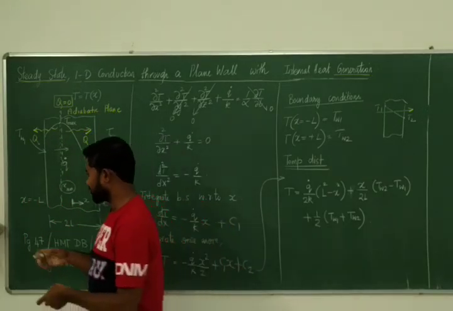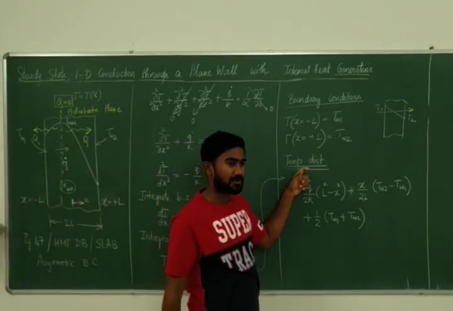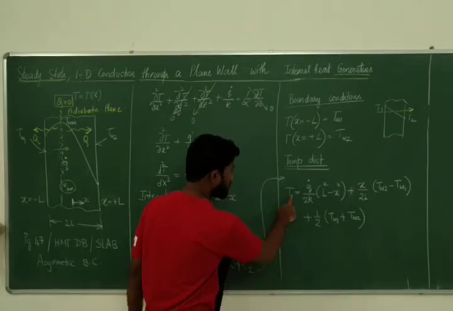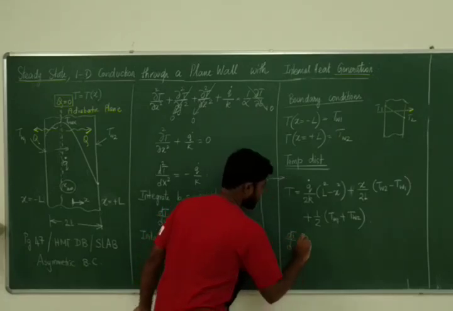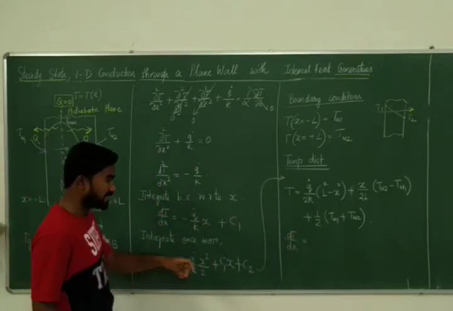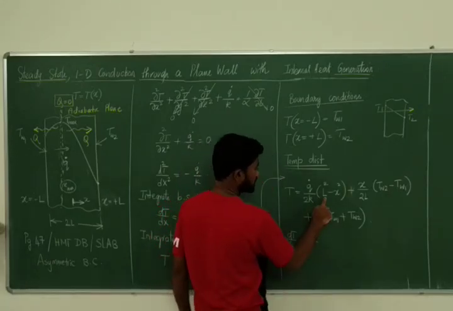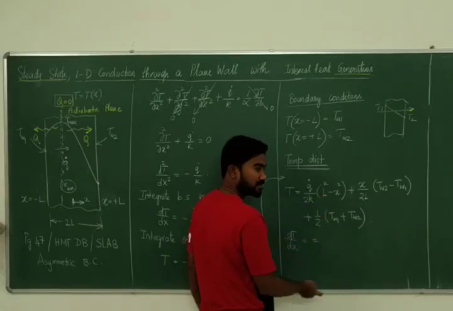Now we will derive everything and see. Once you have the temperature distribution, how do you derive the heat transfer? Using Fourier's law. For Fourier's law, you need dT by dx. So I will differentiate this first. I'm foreseeing that I need dT by dx, so I take a derivative of this. dT by dx is, see, you have L squared minus x squared. If you differentiate L, it's going to be 0.